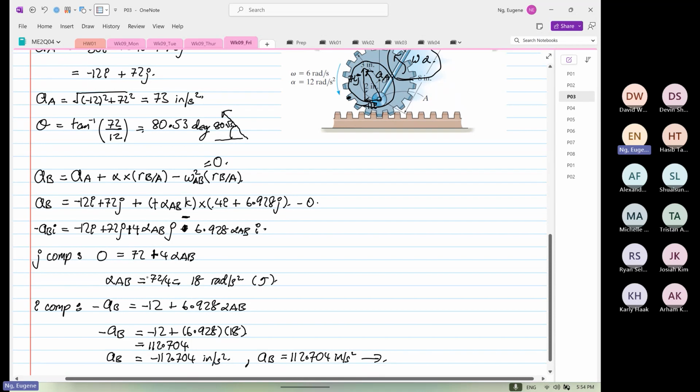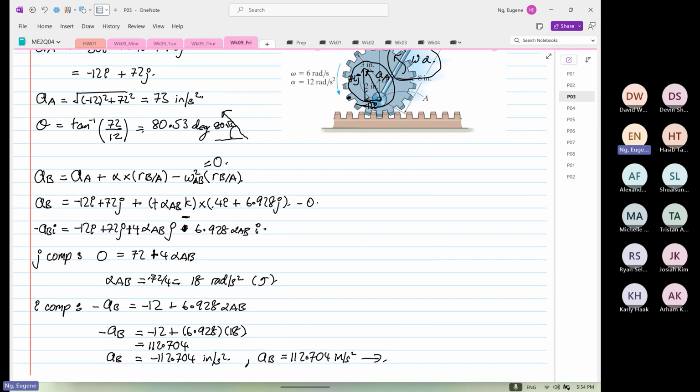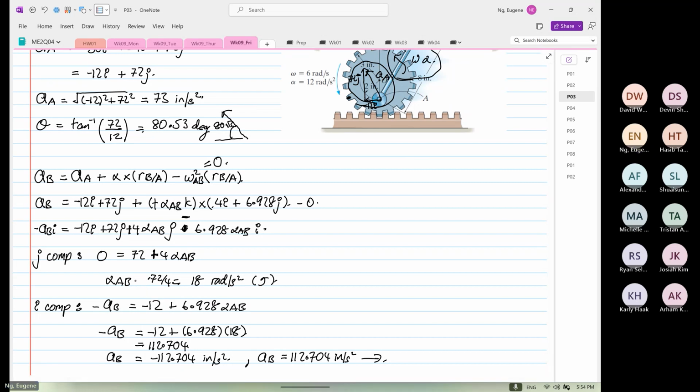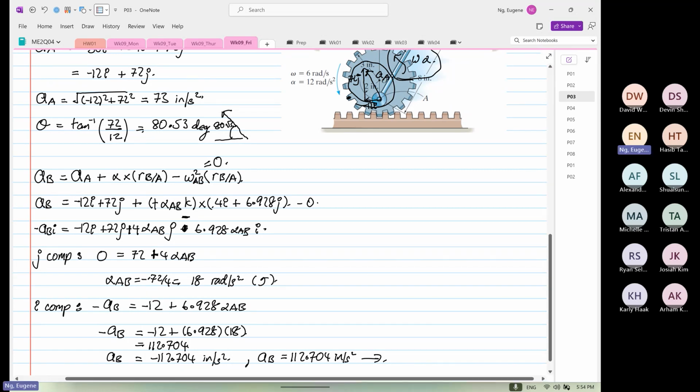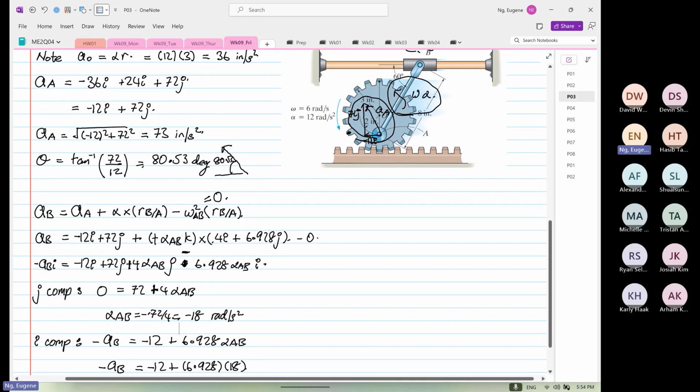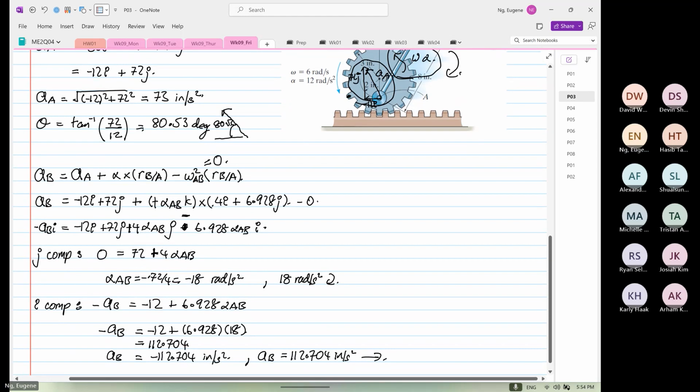So if you look over here, this will be negative, yes or no? Thank you for catching that. So this will be equal to negative 18. So my assumed direction is wrong for this case. So the right direction is going this way. So this is equal to 18 radians per second squared, and it's going in the clockwise direction.